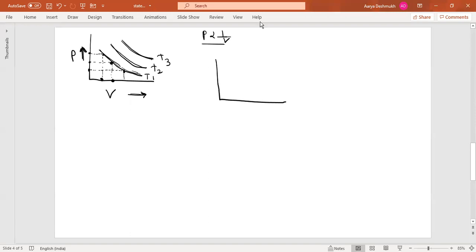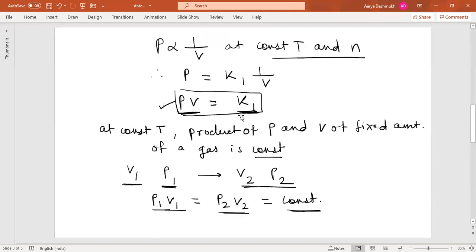Now the second graph you can plot this way: pressure on the x-axis and product of pressure and volume. We know that this product of pressure and volume is constant. We saw this in the earlier equation. The product of pressure and volume is constant.